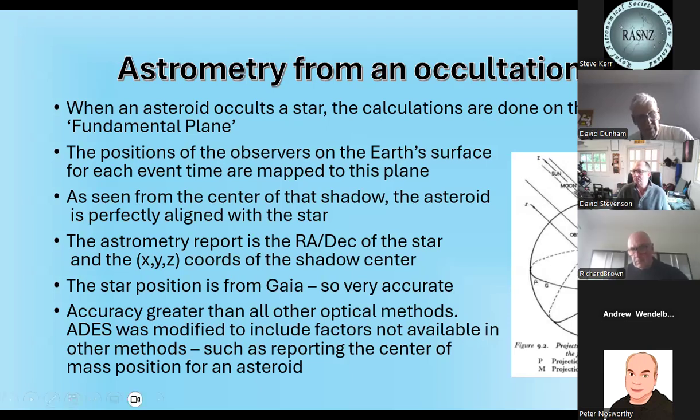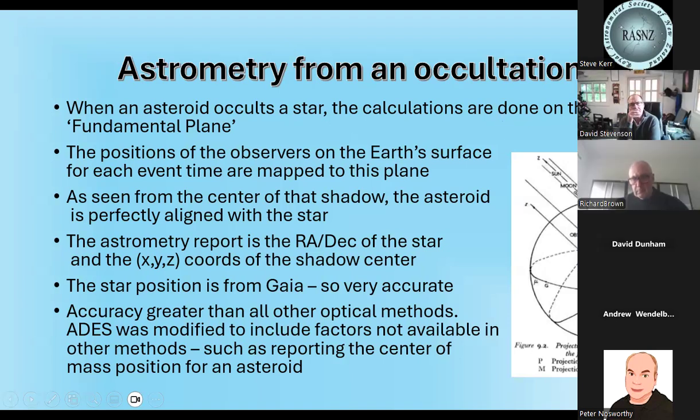Occultation observations are fundamentally different. Instead of looking at a position up here, the reported position is down here. Just to explain this, for all the analysis work, and it's actually on predictions as well, we imagine that there's a plane through the center of the Earth which is normal to the direction to the star up there.